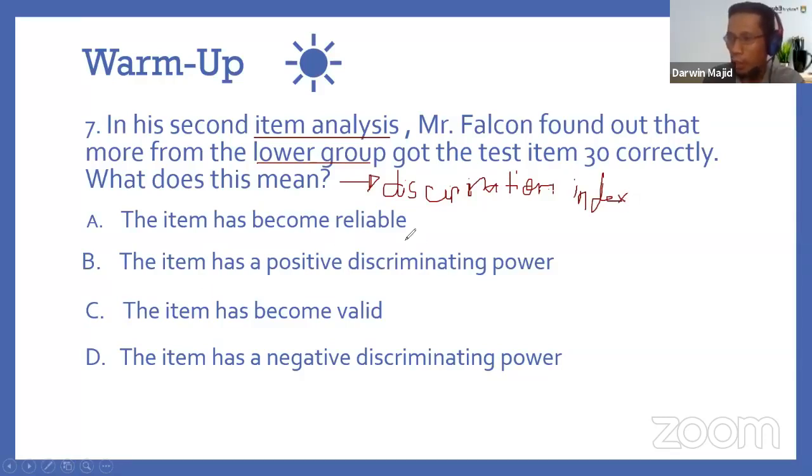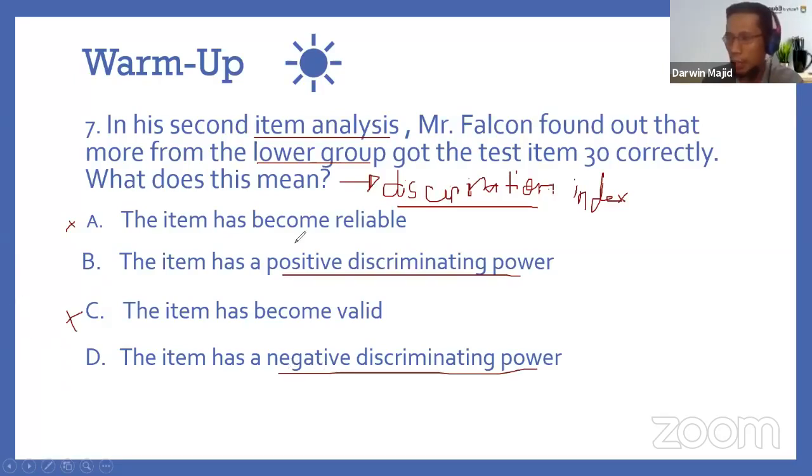Now, knowing that this talks about discrimination index, then we will be omitting right away reliability and validity. So we omit those two, then it will leave us two interpretations of discrimination index: having a positive discriminating power, meaning it really enables us to discriminate or show the performance of one group from the other group, and the same thing with the negative.